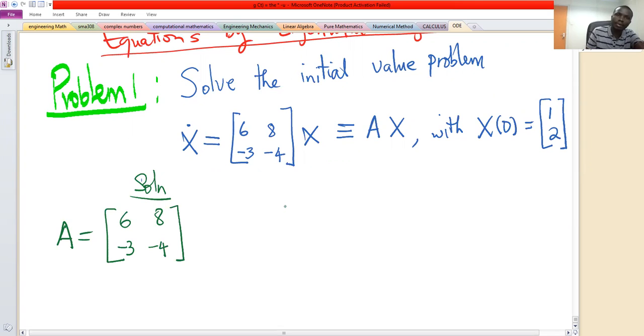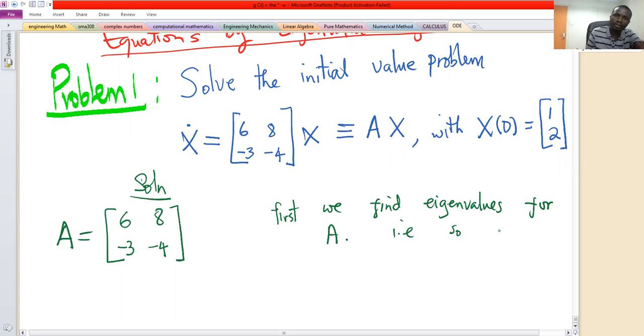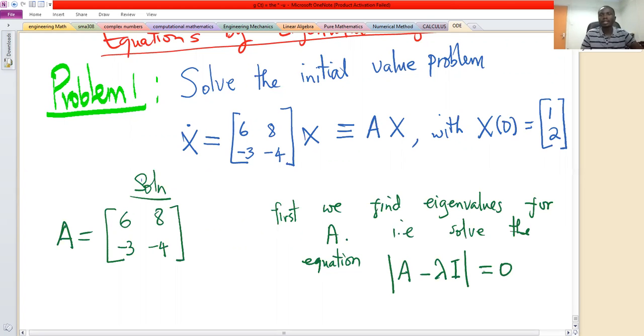First step, we find the eigenvalues for the matrix A. I.e., solve the equation determinant of A minus lambda I equals 0. This is the characteristic equation.